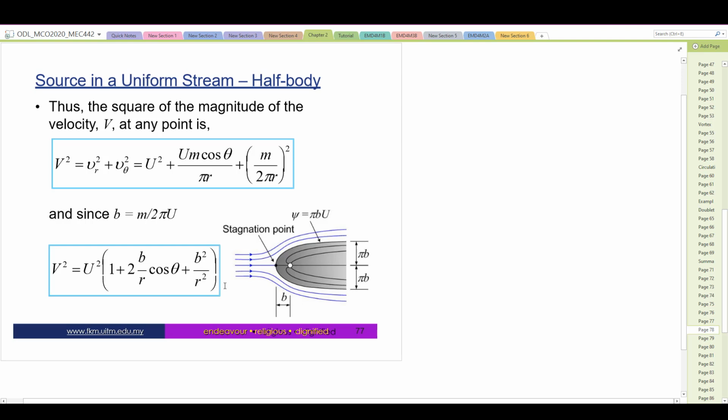Okay, so this is the final equation for the velocity around the half body.